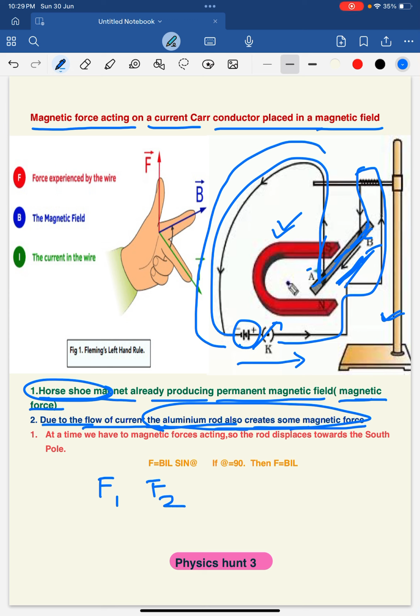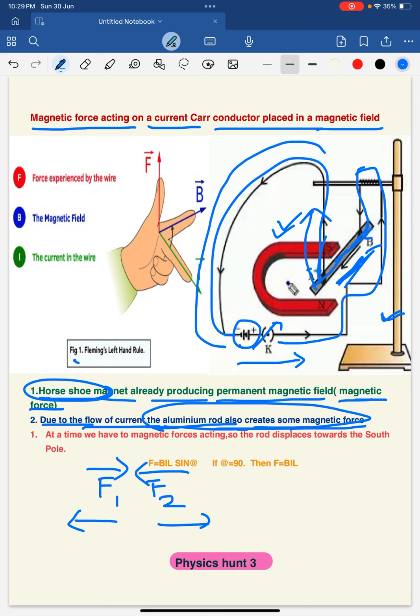So with two magnetic forces, what will happen? Either it will repel or it will attract. Correct or not? So due to the flow of current as well as the two magnetic forces, this aluminum rod moves towards the south pole direction.